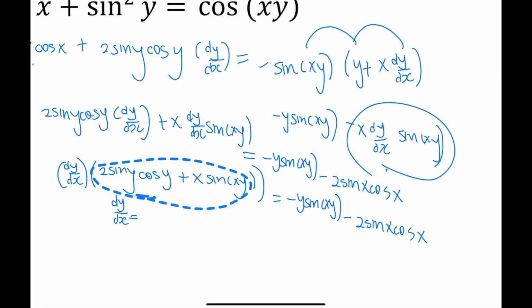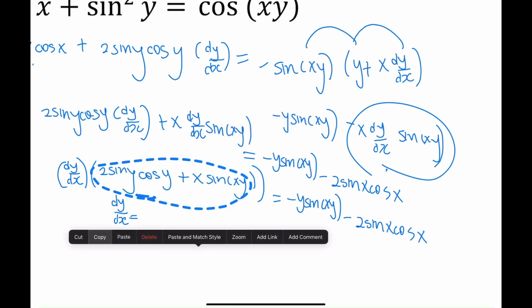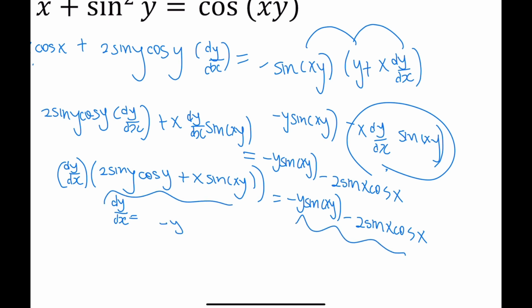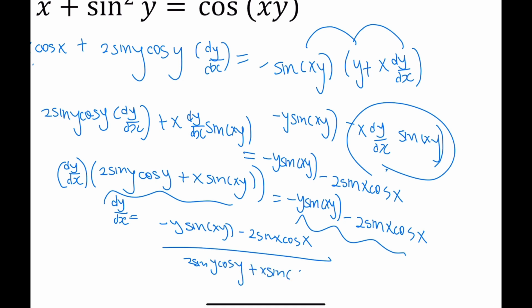Well, basically it's equal to, okay, it's just equal to this part over this, or I'll just write it out, all over 2 sine y cosine y plus x sine xy. Yep, this will be our answer.